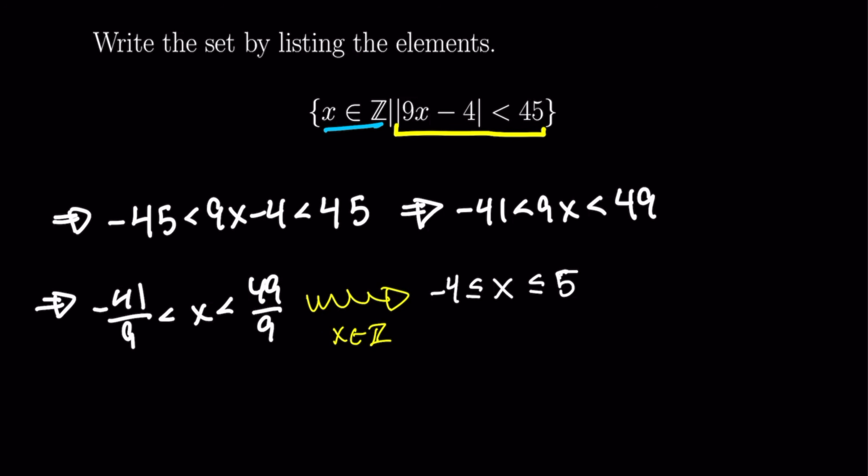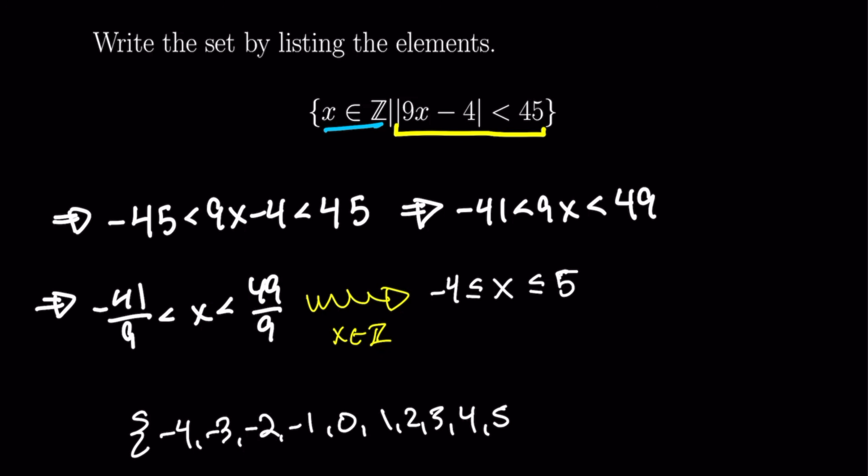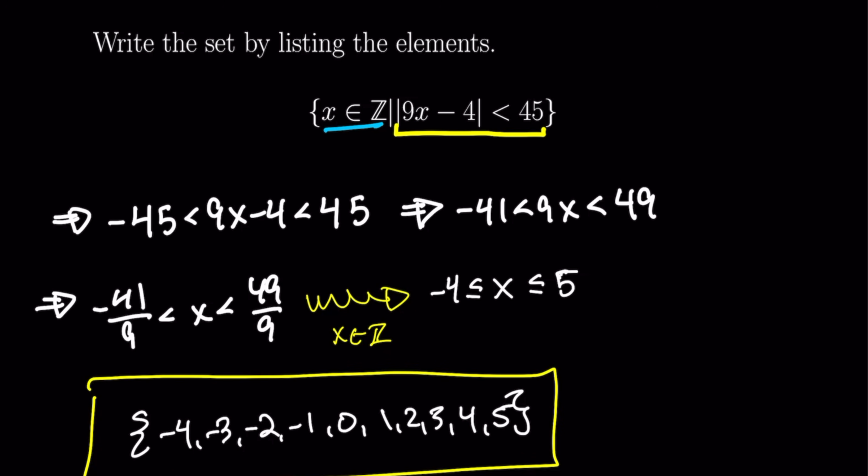Great, and so we can easily list those numbers: negative 4, negative 3, negative 2, negative 1, 0, 1, 2, 3, 4, 5. And that would be our final answer, listing all of the numbers in this set.